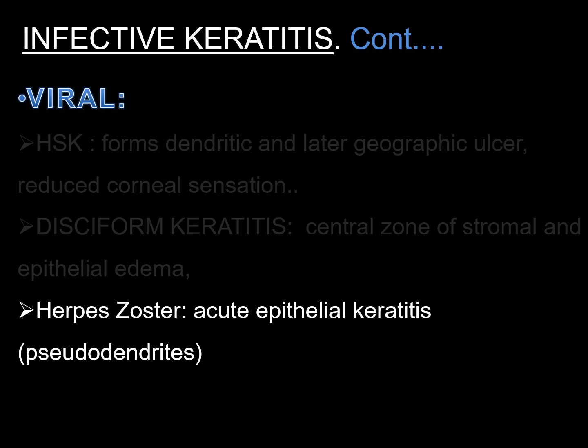So herpes zoster keratitis looks a little bit more benign than your herpes simplex keratitis. In this case, they look like almost dendrites, so we call them pseudodendrites, and they're also treated with Zovirax. It's rare that you would have this alone without the skin disease.